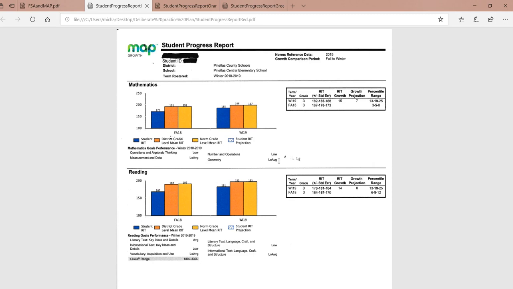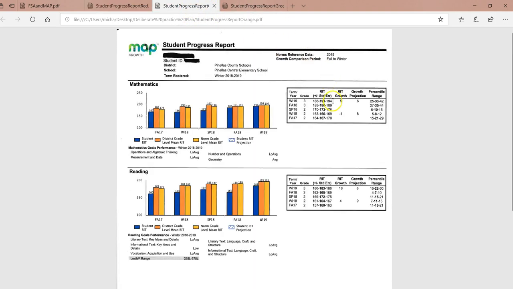Now, let's take a look at a student who has been here a little bit longer, has been in the district a little bit longer. That's why they have more data points. So as you see, if we just look at winter of 19, which is the test that we just took, this student went from a 186 RIT score to a 191.